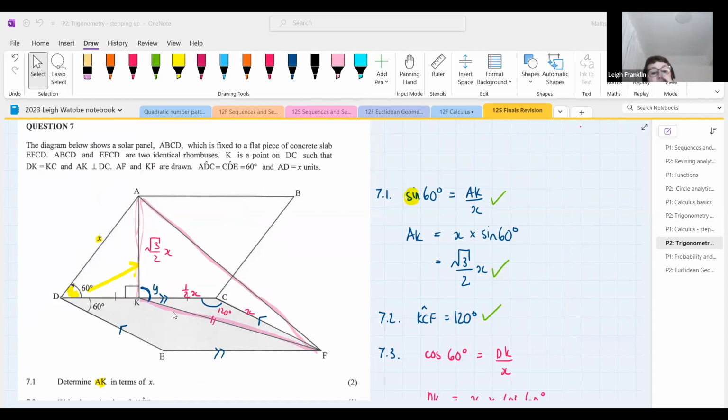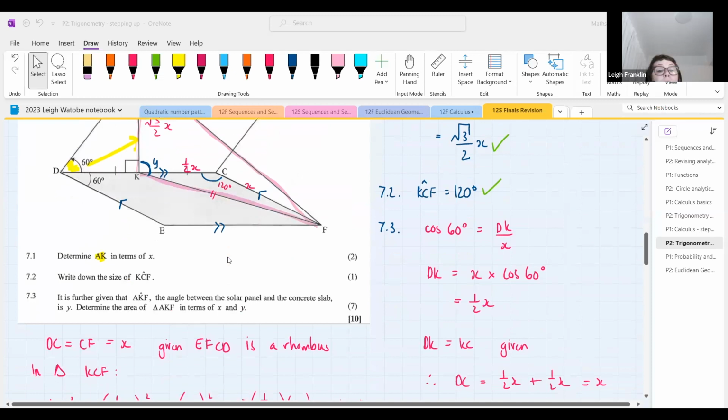Then in order to get side KF, we had to work in triangle KCF and do the cosine rule. Eventually, once we've got KF, we can do the area rule working in triangle AKF. So that's why it was out of 7. We had 3 different triangles that we had to work in step by step in order to get our answer.